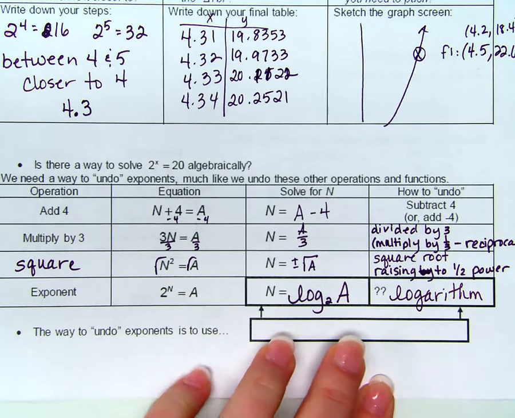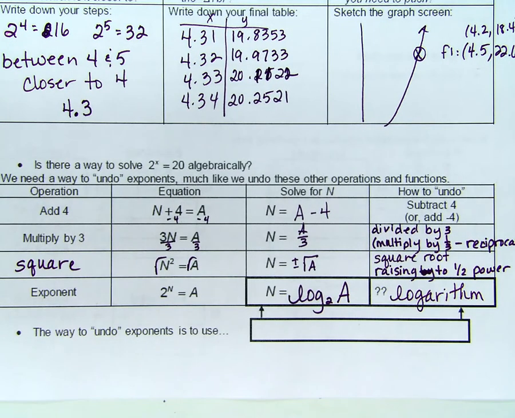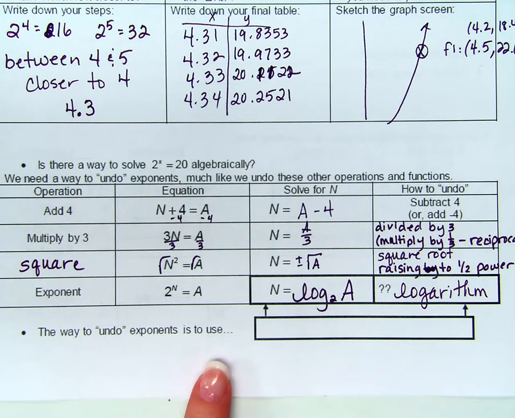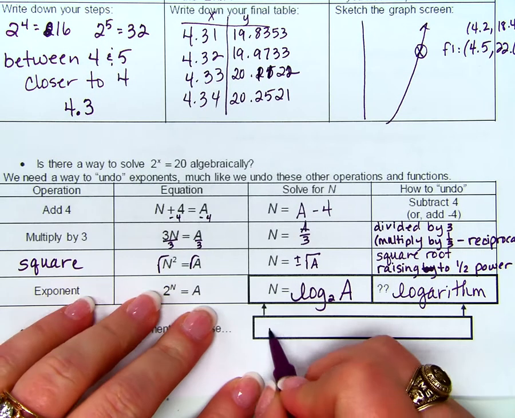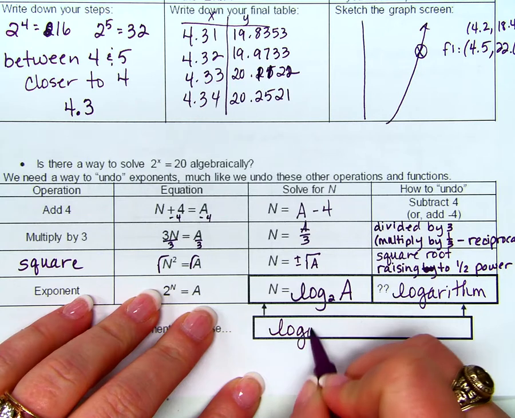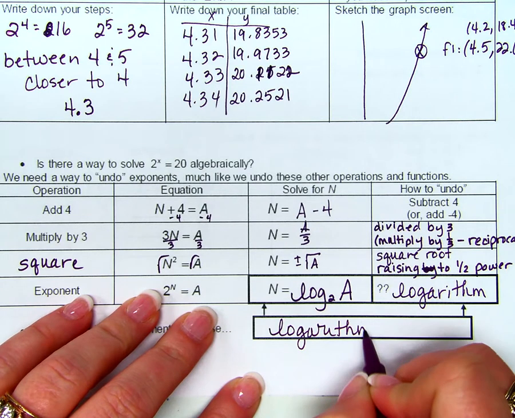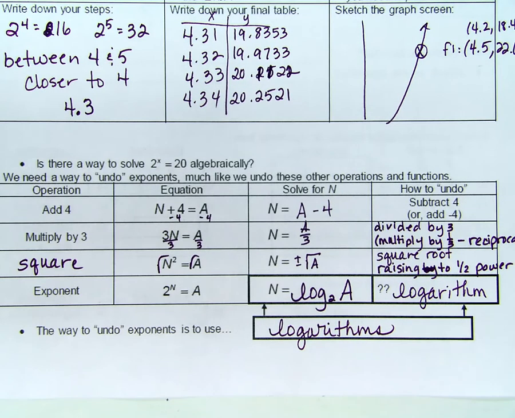Logarithm. We use a logarithm to undo an exponent. So, because I don't want to leave an empty box, the way to undo exponents is to use logarithms.